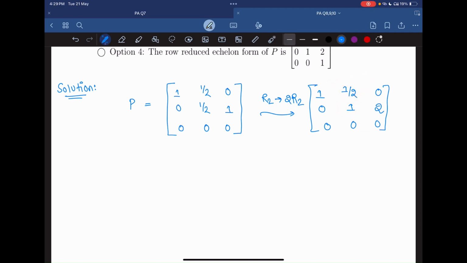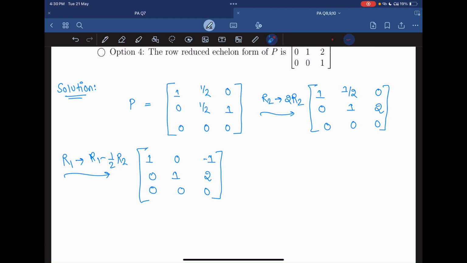We can do it by the row operation R1 minus 1 by 2 times R2. So 1, 0, 0, 0, and it will be minus 1. So now this matrix is in its reduced row echelon form.